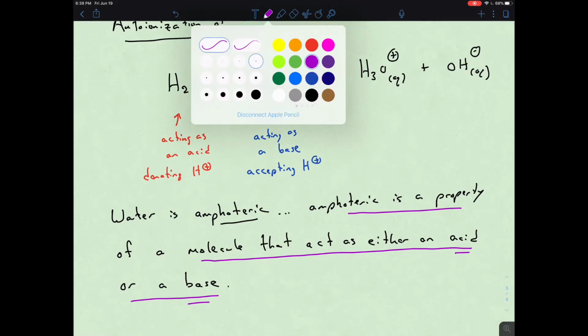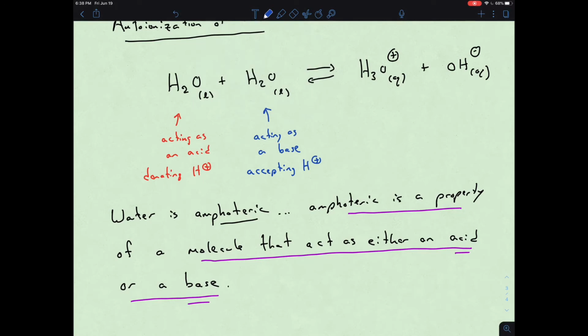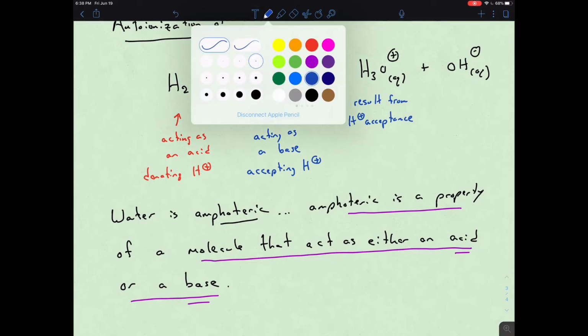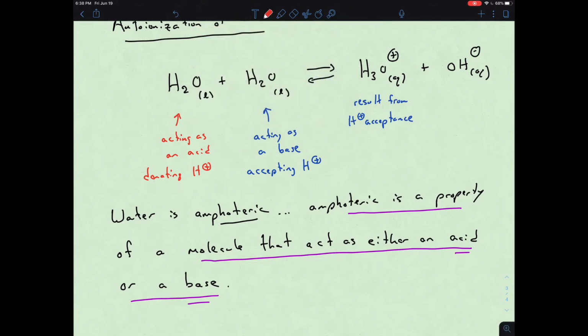And so this is the result from the proton acceptance. The H2O turns into hydronium ion, and this is the result from the proton donation.